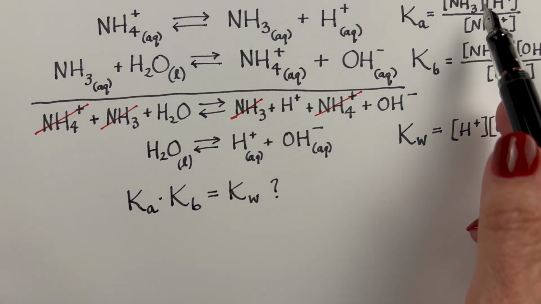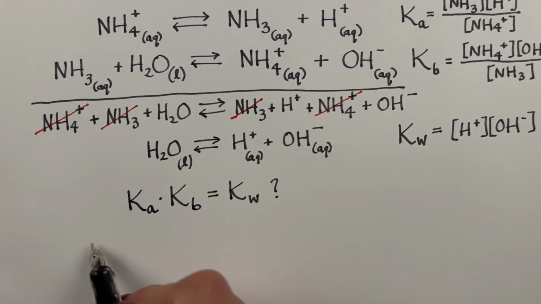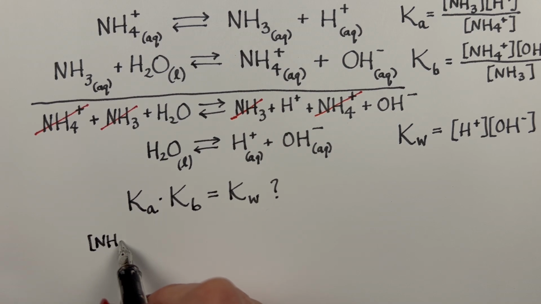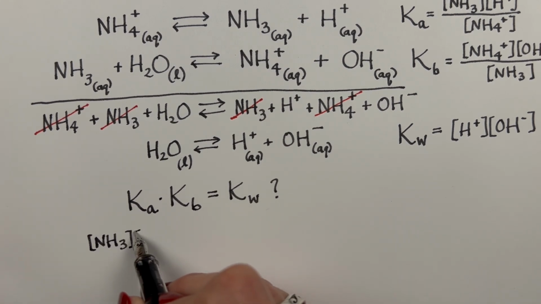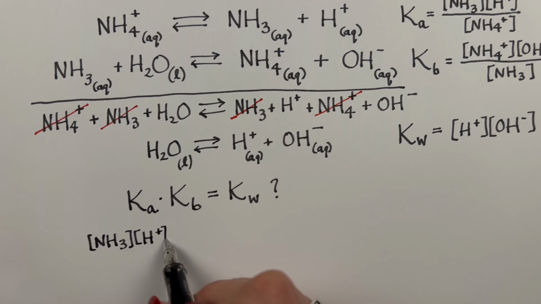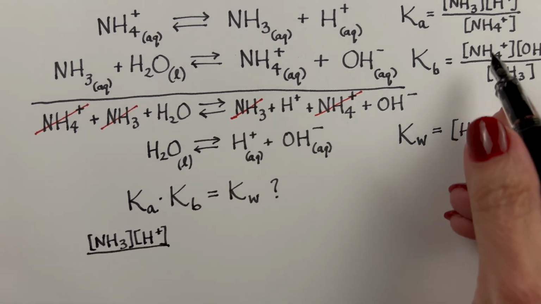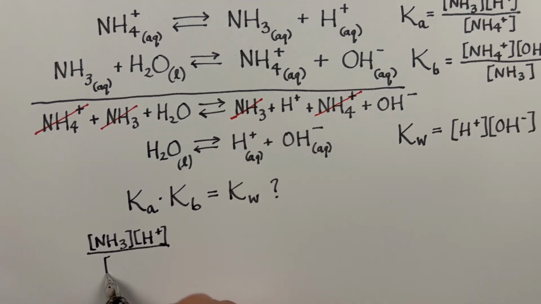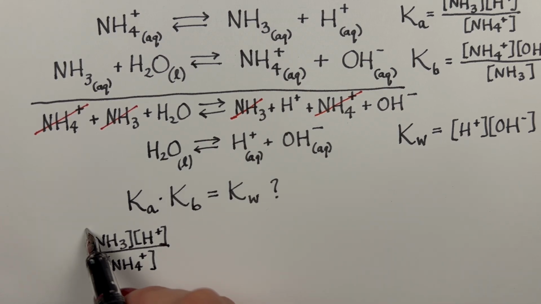Let's take this Ka expression here, NH3, H plus, divided by ammonium, NH4. Okay, so there's our Ka.